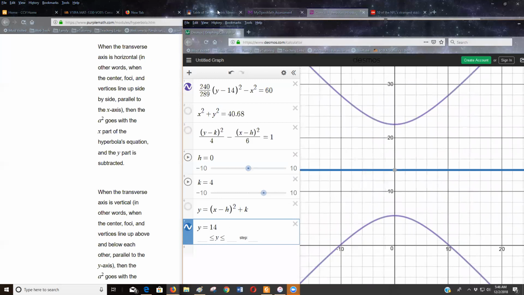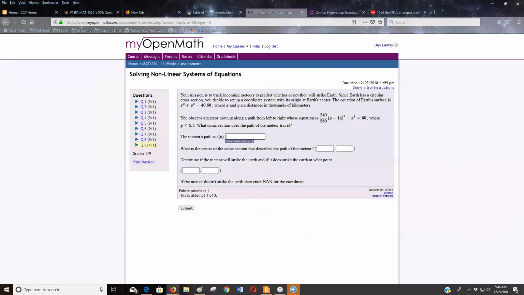So let's go back and answer some questions here on this MyOpenMath assignment. So I see a hyperbola. I see the center at 0, 14. Then I'm going to figure out if this is going to intersect the surface of the Earth based on the scenario.